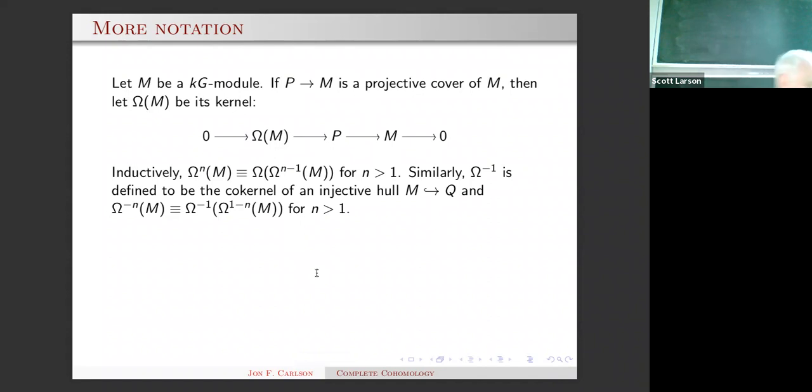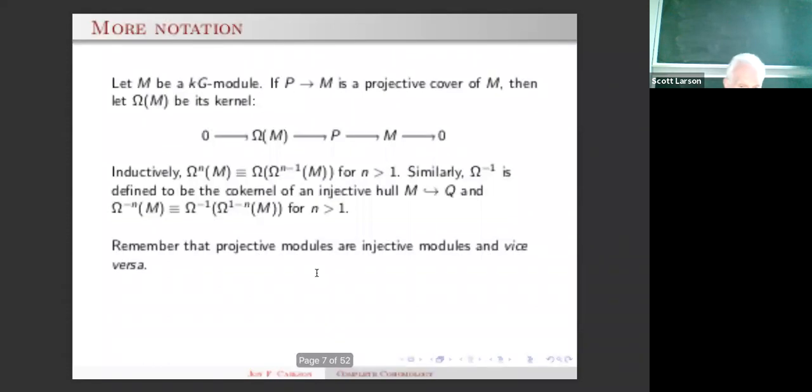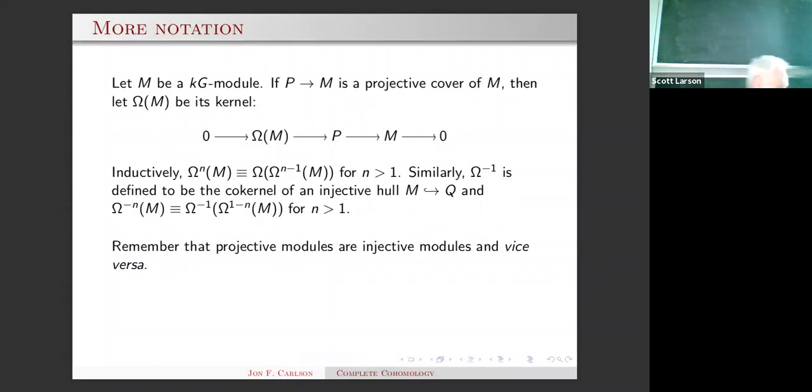And I can define omega 0, and that's basically just the non-projective part of the module M. The thing to remember here, which makes all this make sense, is that the group algebra KG is what they call a self-injective ring, so that projective modules are injective and vice versa. When I take an injective resolution, they're all projective modules in that injective resolution.